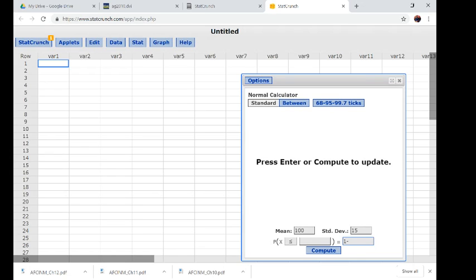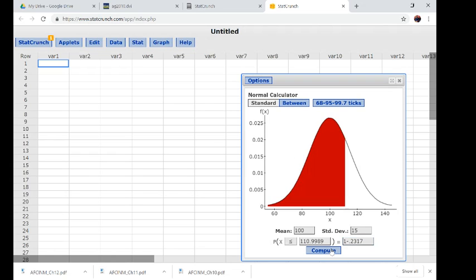So 1 minus 0.2317, and then that corresponds to the complement of this area here. It will get us the boundary. It will get us the x score. So 110.99. Alright, so if you're trying to find this area here, you can do it quickly.